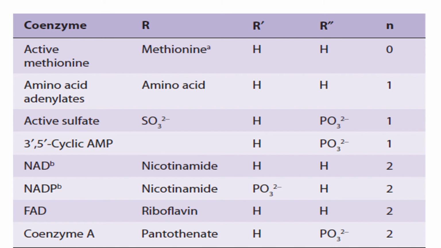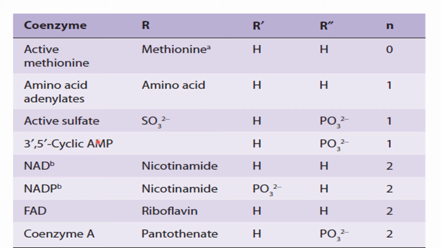This table shows how R prime and R double prime differ. For example, active methionine contains hydrogen at the R prime and R double prime positions. Similarly, amino acid adenylates contain hydrogen at R prime and R double prime, but at the R position they contain the amino acids.